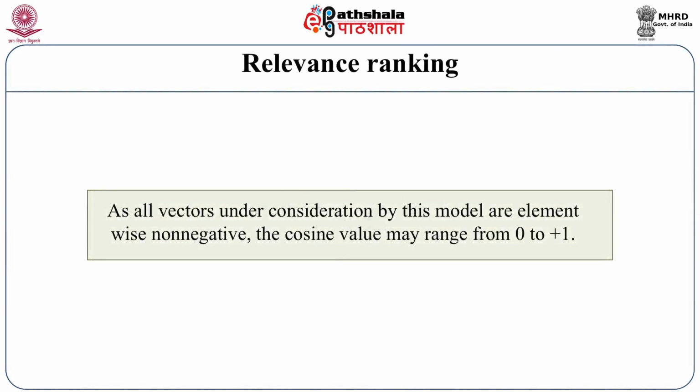As all the vectors under consideration by this model are element-wise non-negative, the range of the cosine value is from 0 to 1. If the cosine value is 0, that means the query vector and the document vector are orthogonal to each other and no match is found.